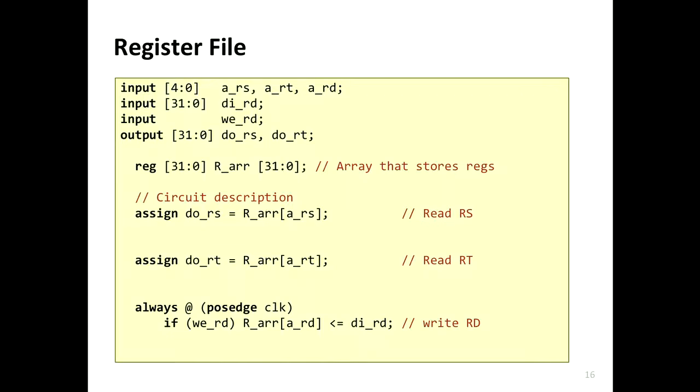And then, straightforward, for reading the RS out, you simply pass the address as the input, so you read directly in that array. It's very standard, very similar to C programming. And again, here you do for RT the same.